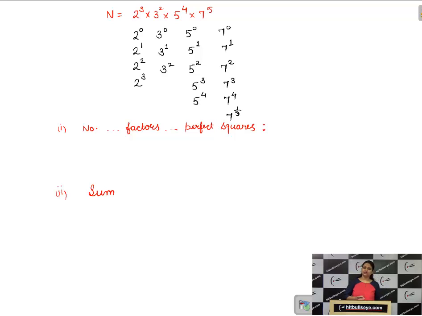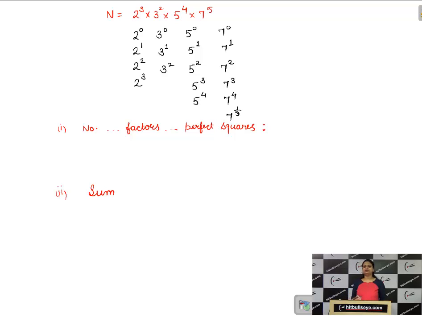Now what was the addition in the question? That was, we want to find all those factors which are perfect squares. What do you mean by perfect square? For example, if we talk about 4, 4 is a perfect square since 4 can be written as 2 into 2.